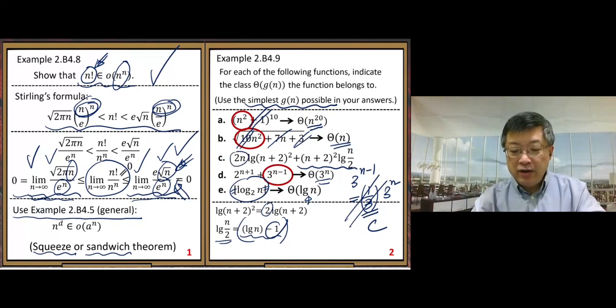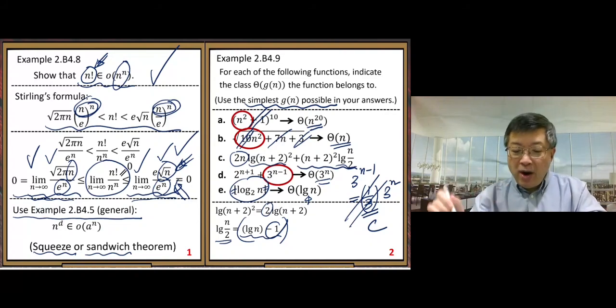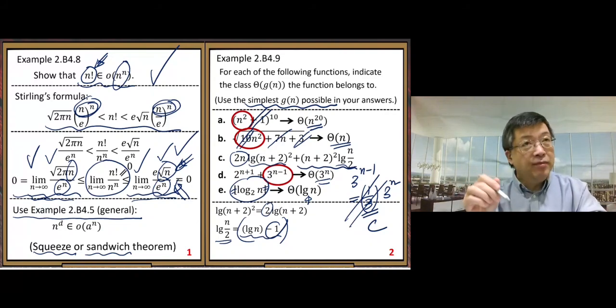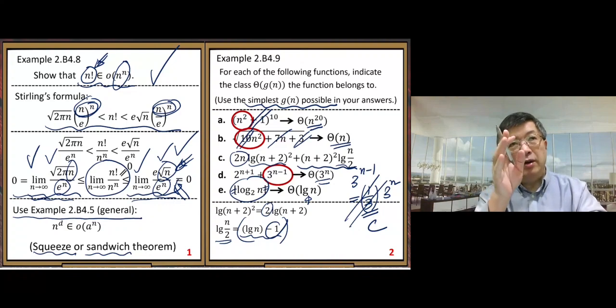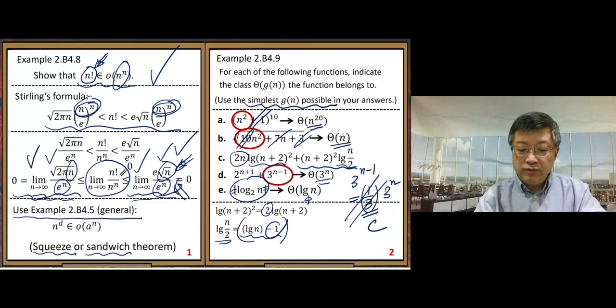The log part is the same, since you move the 2 to the front as a constant. But the polynomial part of the second one is higher than the first one. So this is the dominant term.